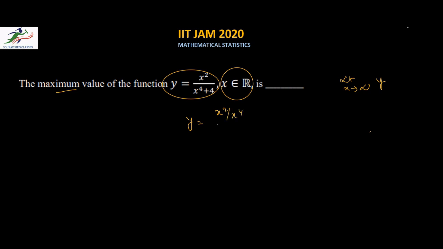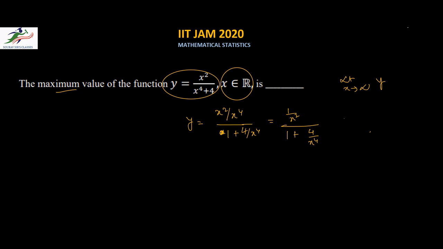We divide both numerator and denominator by the highest power of x in the function, so x square by x4 divided by x4 by x4 is 1 plus 4 by x4. So this is equal to 1 by x square, this is my numerator, and 1 plus 4 by x4, which is my denominator.